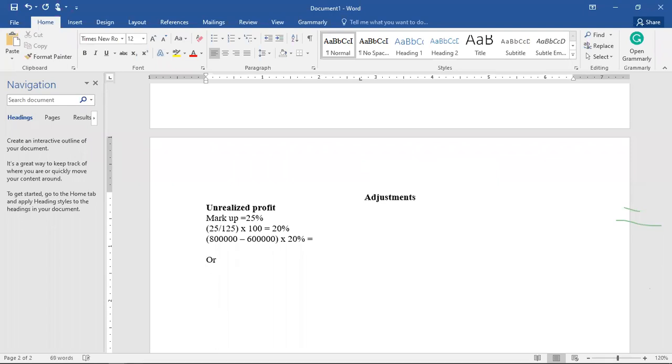Or the 800,000 multiplied by the 20%, minus the 600,000 multiplied by the 20%.